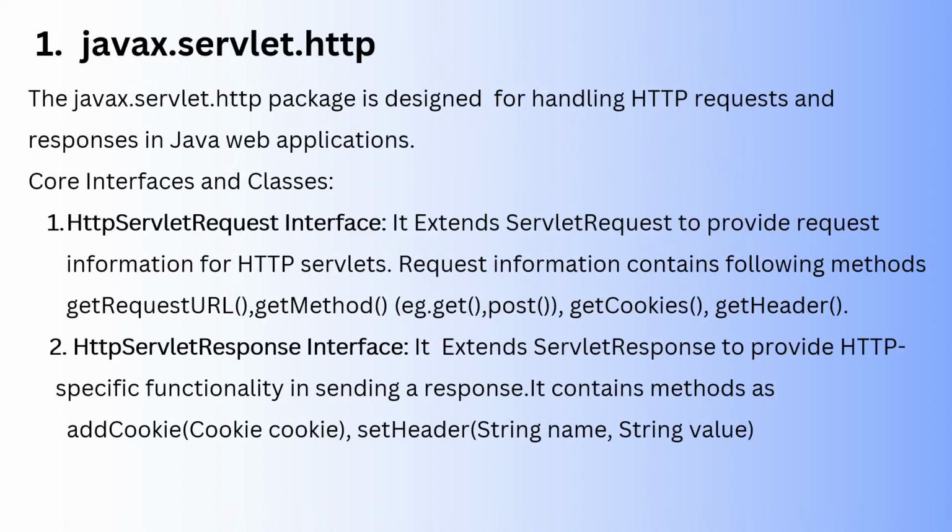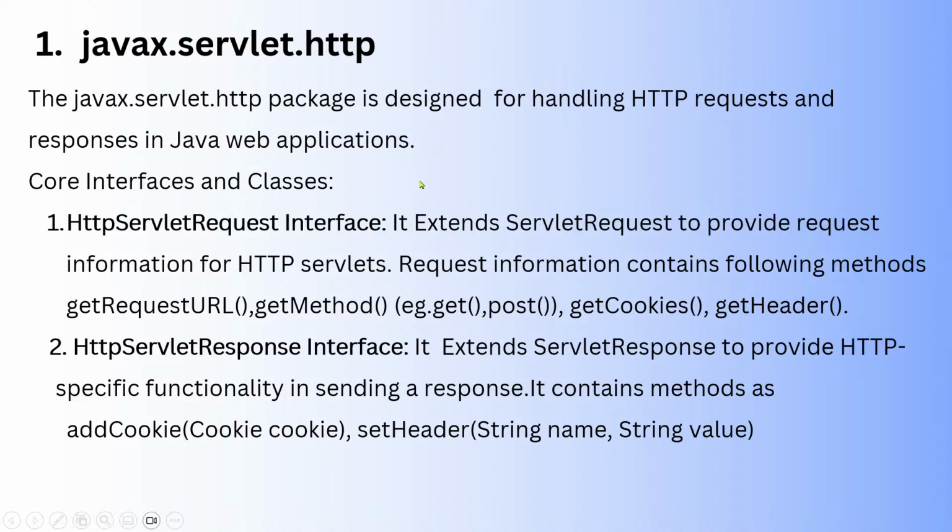The next package is javax.servlet.http. The javax.servlet.http package is designed for handling HTTP requests and responses in Java web applications. Especially, this package is designed for handling HTTP request and HTTP response.